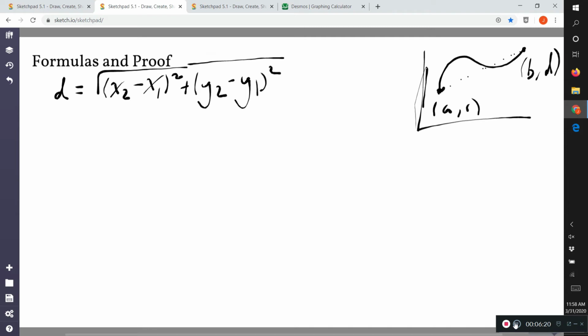Now, at the beginning of calculus, we talked about x2 minus x1 and y2 minus y1. We gave those new names to make it easier. We called them delta x and delta y. So if we had one straight line, that's how we'd find the distance.